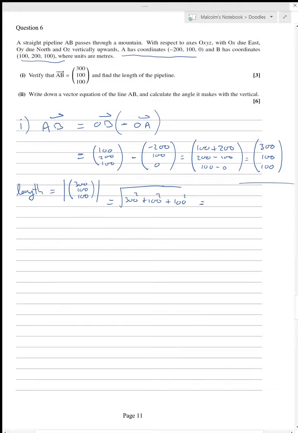So that is equal to 100 times the root of 3 squared plus 1 squared plus 1 squared, that's root 11 times 100, isn't it? The square root of 11 is not one that I'm familiar with, so let's chuck that in the calculator. That gives me 332 meters.